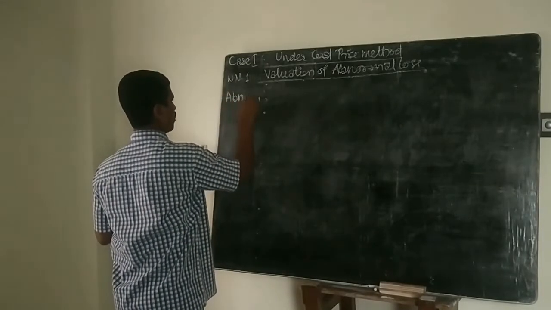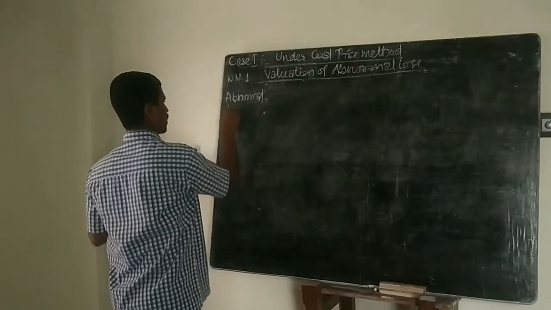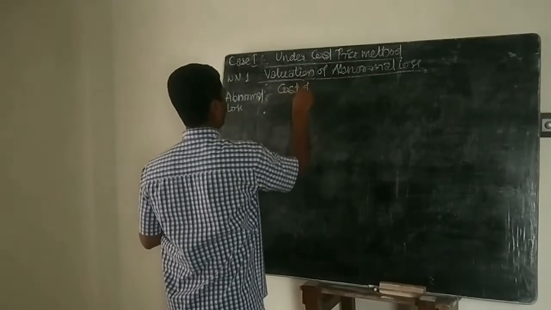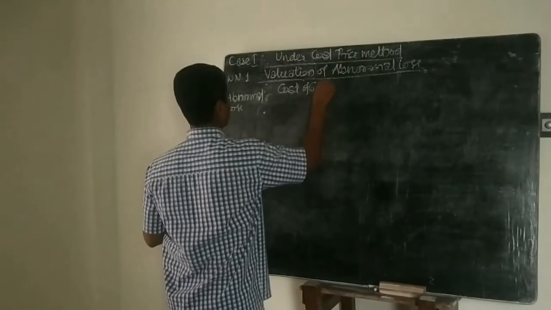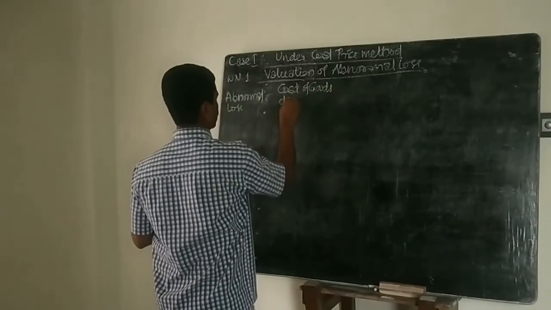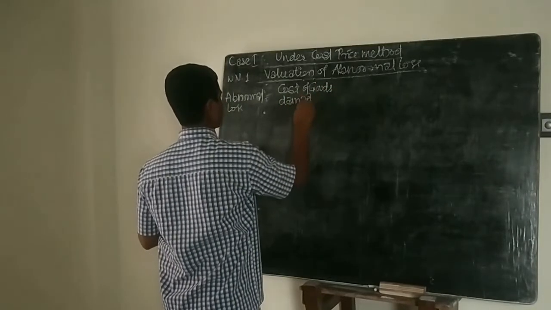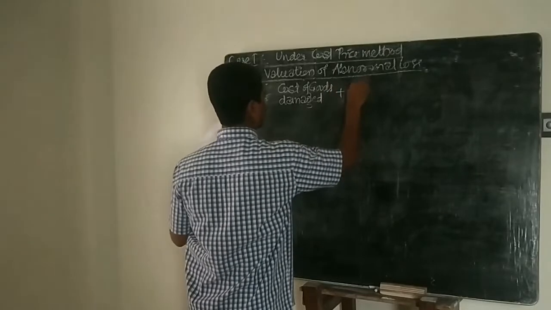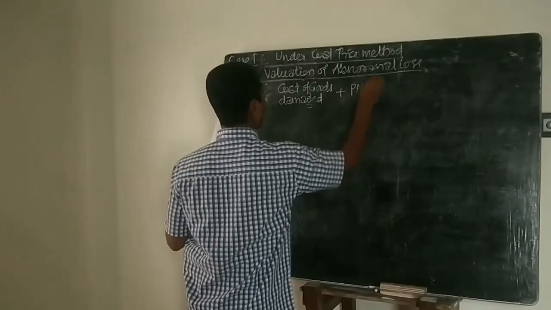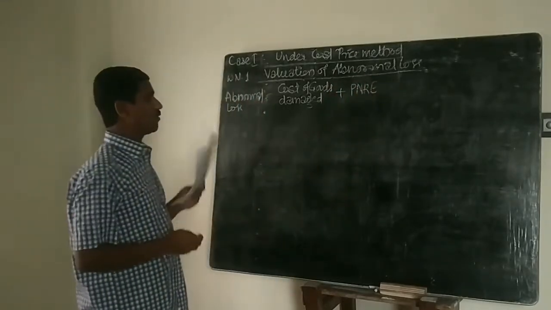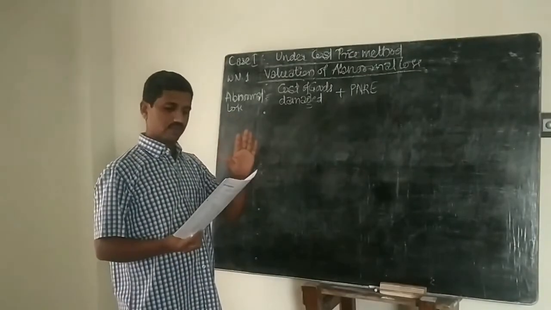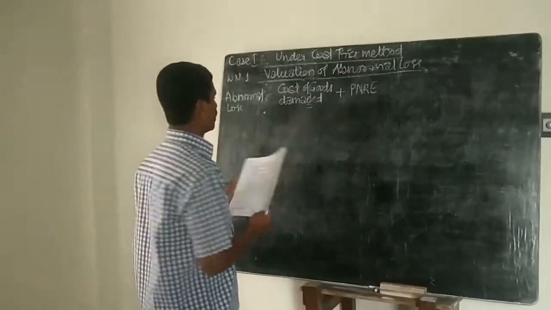Abnormal loss equals cost of goods damaged plus proportionate non-recurring expenses. Now it is given in the problem that 5 cycles were totally damaged here.